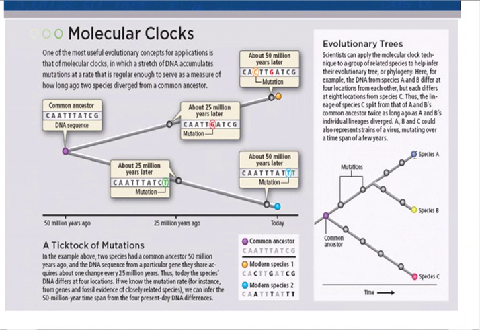Now I want to give you a little tip here. If you want to read more about molecular clocks, more about evolution in general, this image comes from one of my very favorite websites. And if you simply Google the phrase understanding evolution, make note of that, and then when you get time, Google it, understanding evolution. If you Google that, the very first hit's going to be a website called Understanding Evolution from Berkeley University.